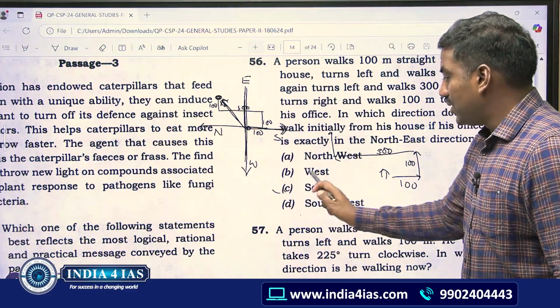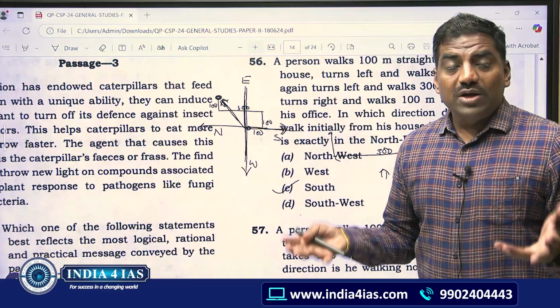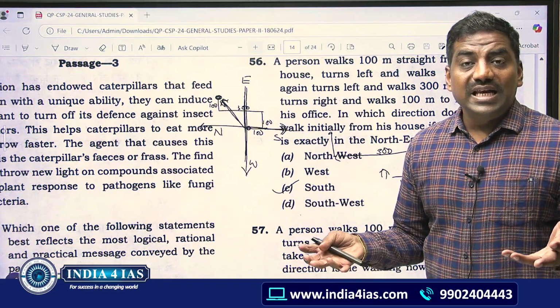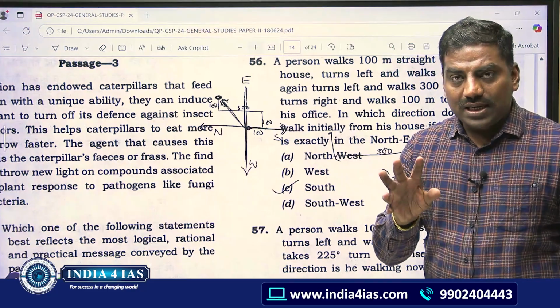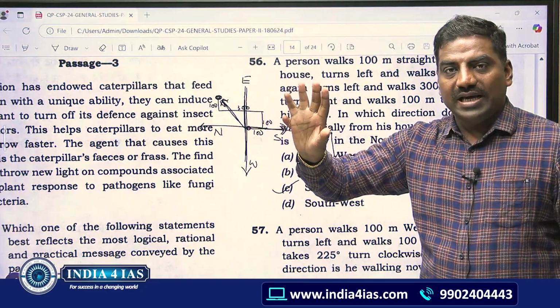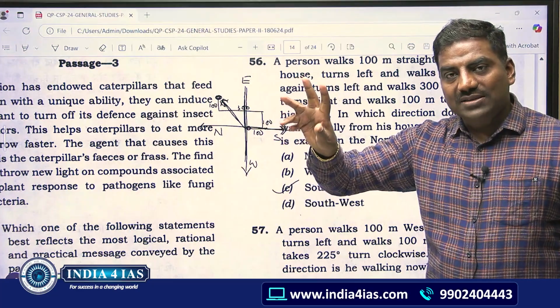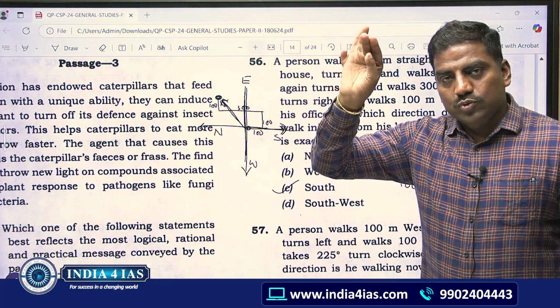That is south. In examination, if they don't give the directions initially, you have to construct your own diagram. After that, according to their information, you have to readjust your diagram, in the sense that you have to look at which point the direction is what.